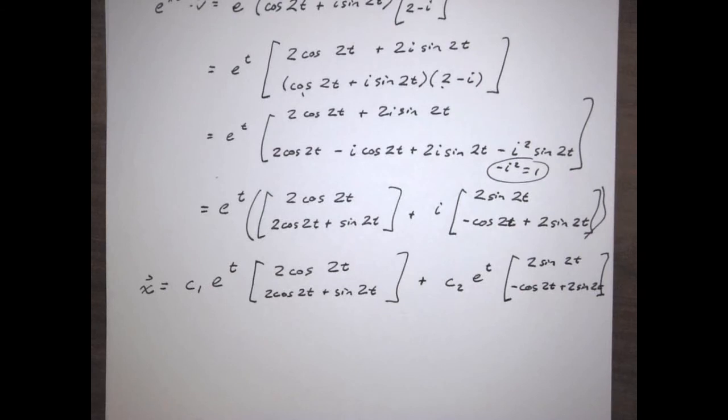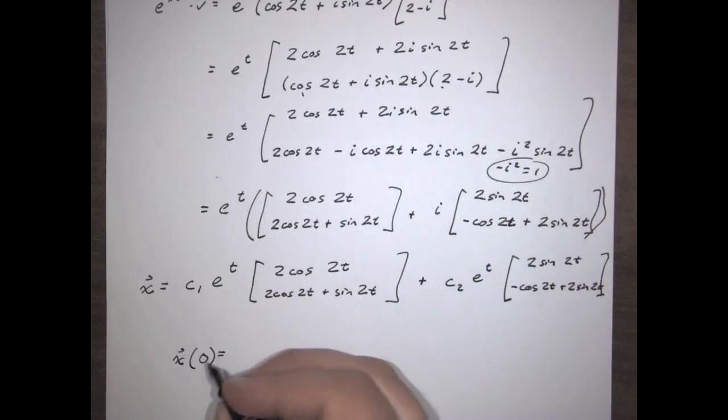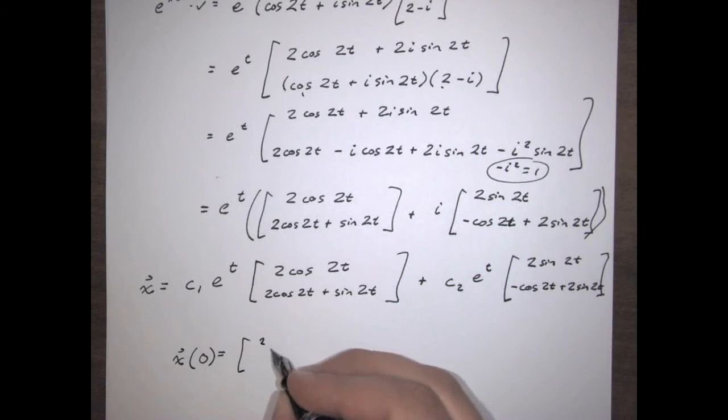Now I use the initial conditions of x1 and x2. X of 0 is equal to (2, 1), and I'll use those to solve for c1 and c2.